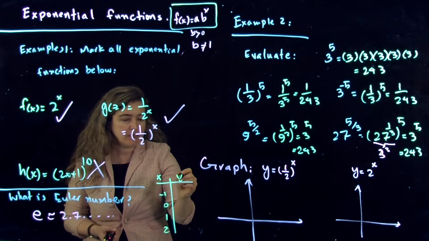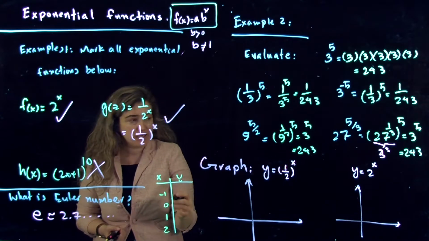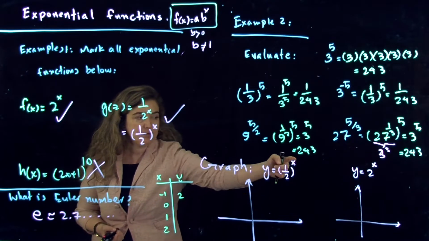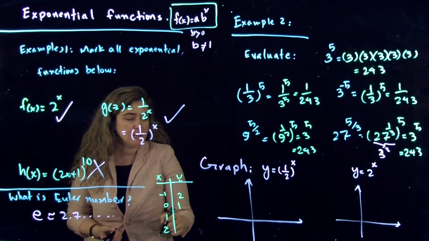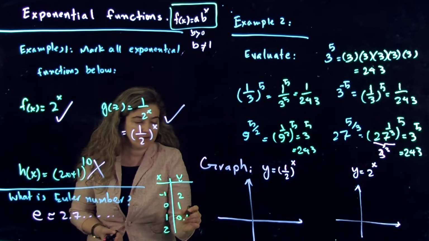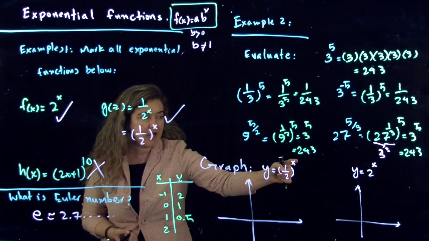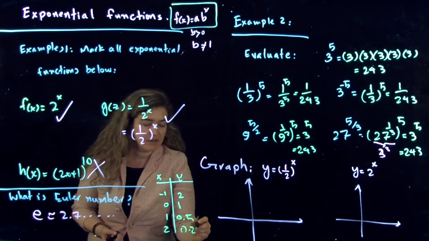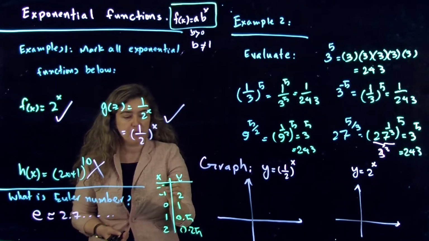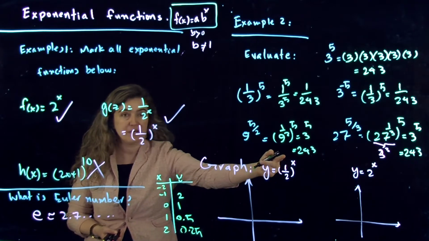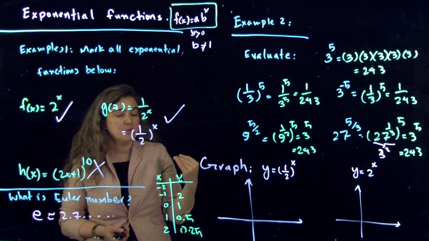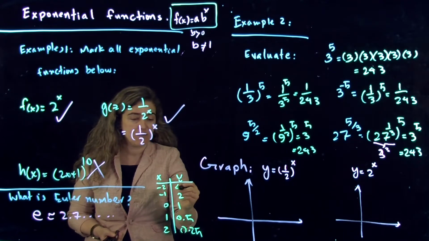For -1, 1/2 to the power -1 is 2. 1/2 to the power 0 is 1. 1/2 to the power 1 is 1/2. 1/2 to the power 2 is 0.25. And I can choose another one, -2. 1/2 to the power -2 is 1/2 to the power -1, to the power 2, which is 2 to the power 2, which is 4.